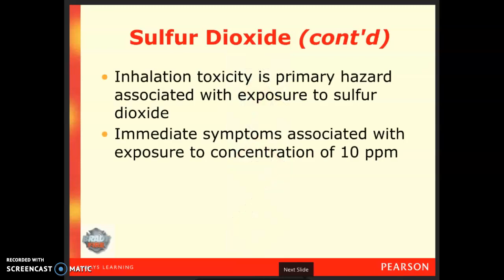Now, because it is a gas, once again, we are seeing toxicity coming primarily from inhalation as opposed to ingestion or absorption. We will begin to notice immediate symptoms at concentrations of 10 parts per million. So just like we saw for hydrogen cyanide, 10 parts per million is the threshold limit value for HCN. We actually start to see symptoms at 10 parts per million for sulfur dioxide. So pretty toxic stuff.